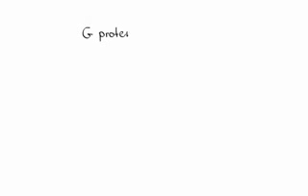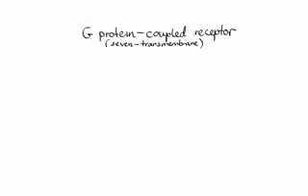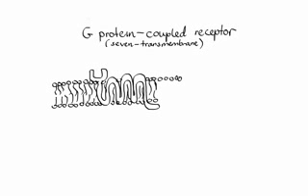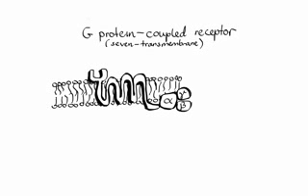Next, we have G-protein coupled receptor, also known as 7-transmembrane receptor, and this is because it passes through the cell membrane 7 times. So these receptors are composed of 3 subunits, alpha, beta, and gamma, all together known as G-protein. In its inactive form, the alpha subunit has GDP attached to it.